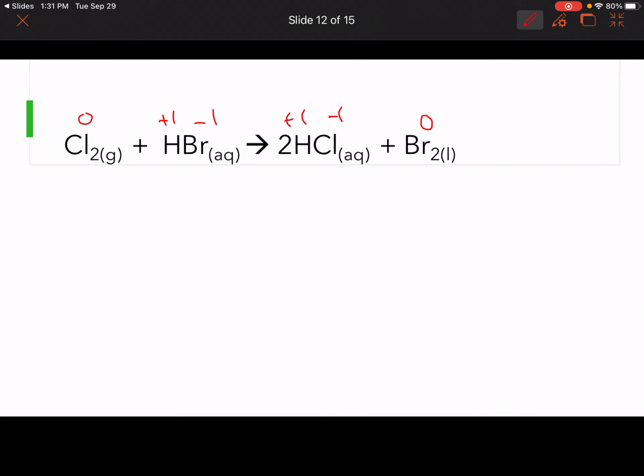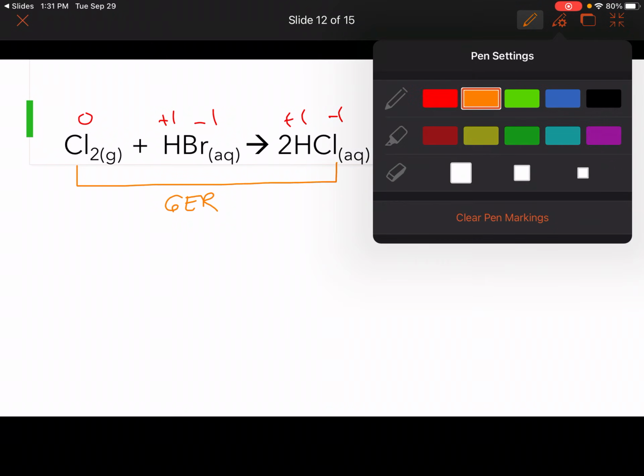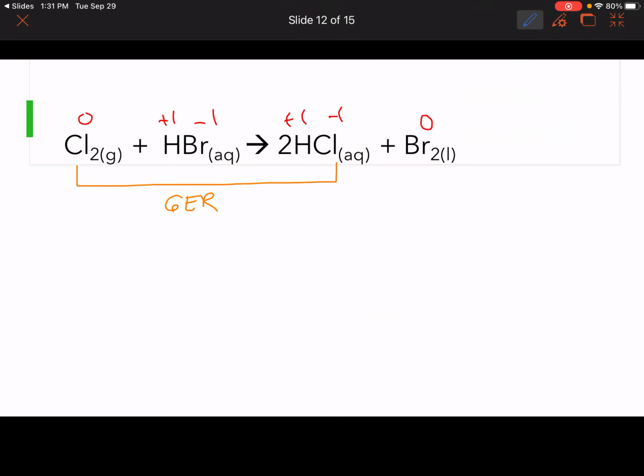So now we're going to use a line and we're going to connect the things that changed. So the chlorine went from 0 to -1, so it became more negative, which means it gained electrons, GER. Now the bromine went from -1 to 0, so it became more positive. So this is going to be my Leo here. So now when I write down what was oxidized, the thing that was oxidized was your bromide, Br minus.